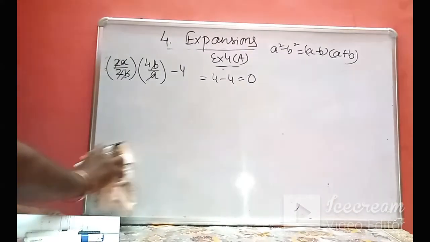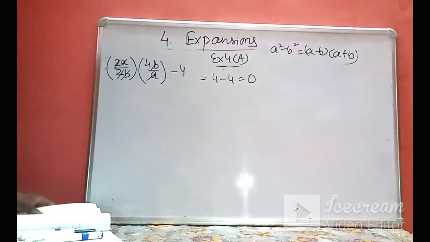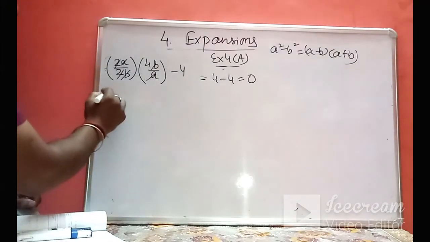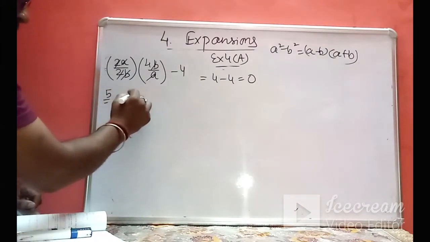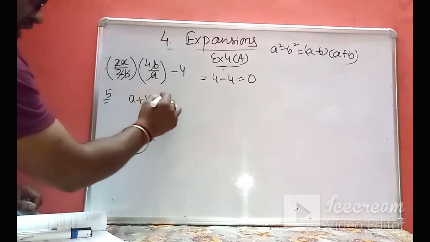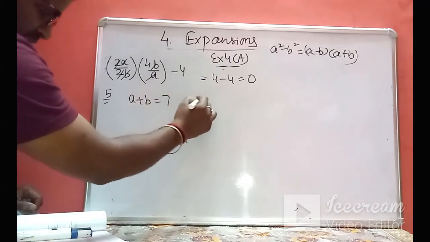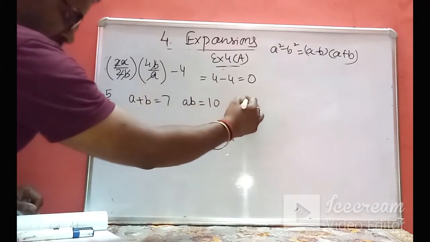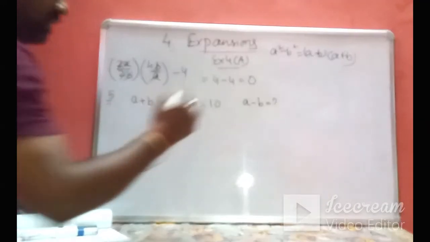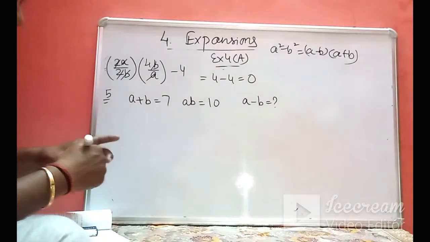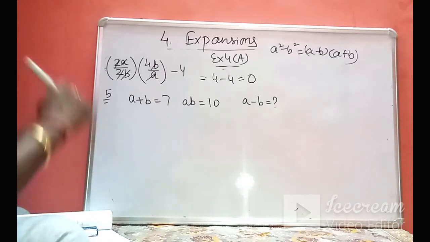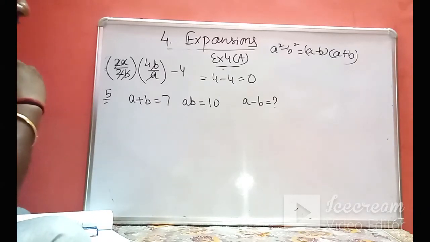Now regarding this question, a plus b is equal to 7 is given, ab equals 10 is given, and we have to calculate a minus b.